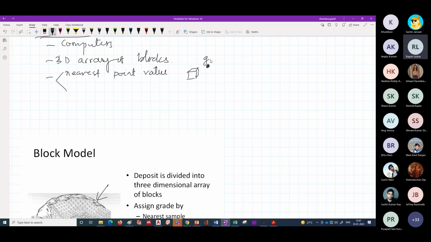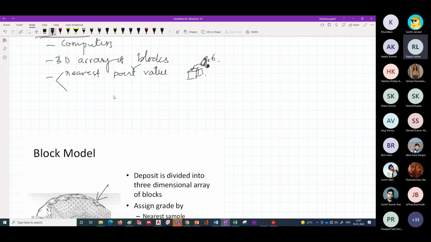If the grade is, let's say, 0.6, this will be assigned to this block. And this will be assigned to this block also, whichever is the closest one. That grade you directly assign to that block. So this takes the nearest value.